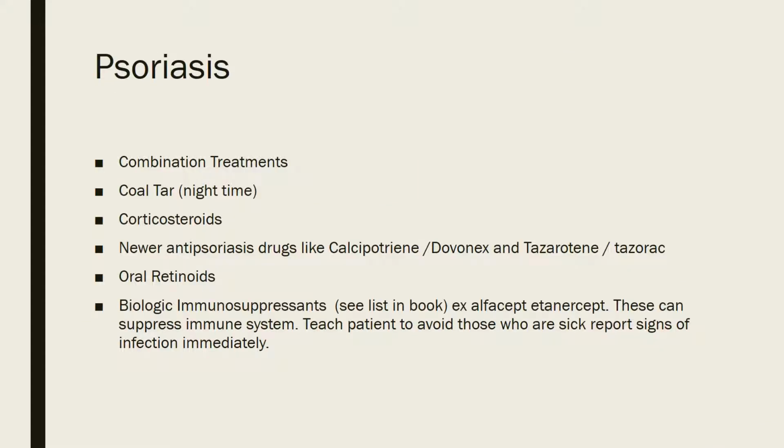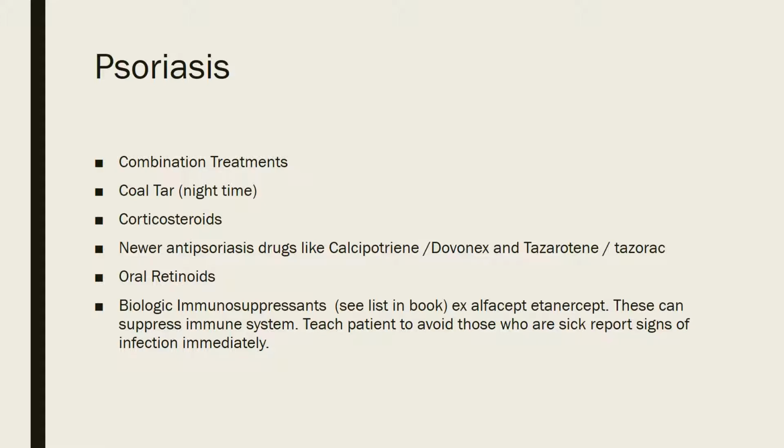Treatment for this can be a combination of things. Coal tar can be used at night. Corticosteroids can be used. And then there are the newer drugs out for this. Also the oral retinoids, which are your vitamin A derivatives, and also the biological immunosuppressants that you studied about in the past.